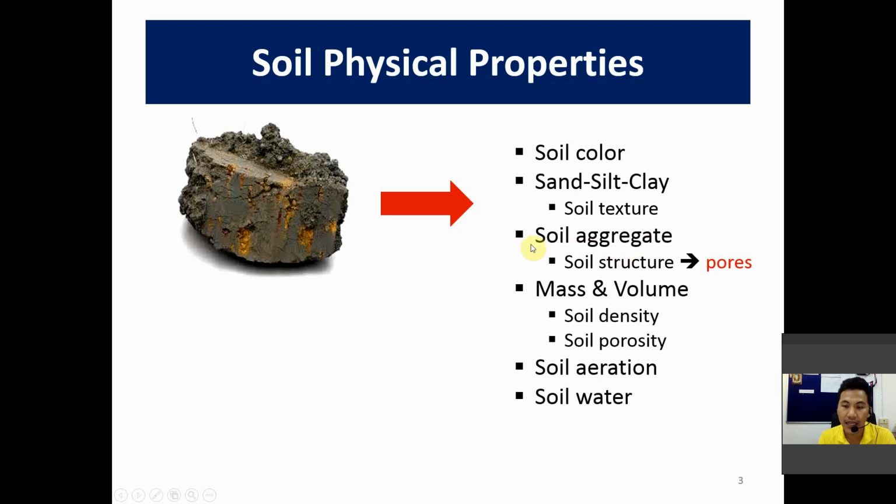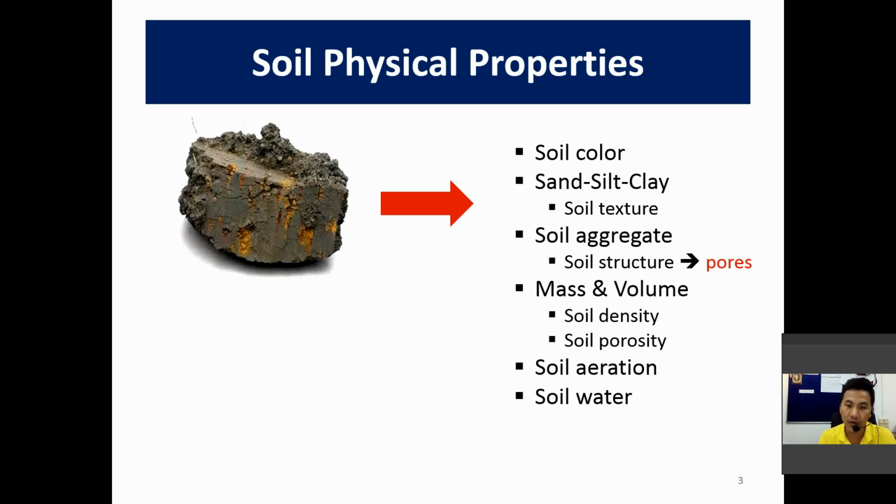Soil aggregate is the arrangement among sand, silt, and clay that forms micro aggregates and becomes larger in size like macro soil aggregates. So that gives you the unit of soil aggregate, representing the whole soil structure.